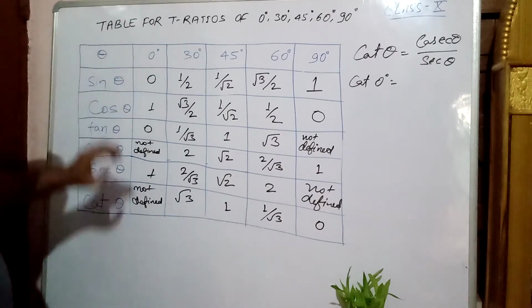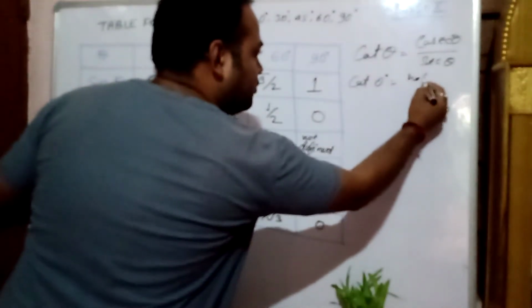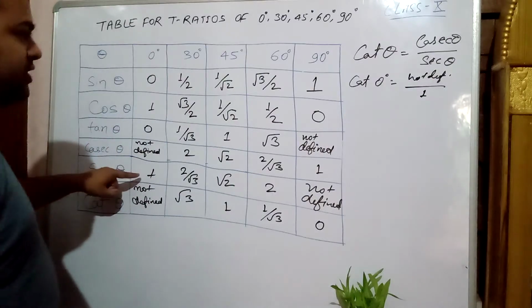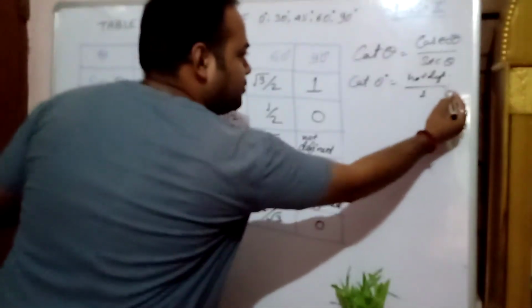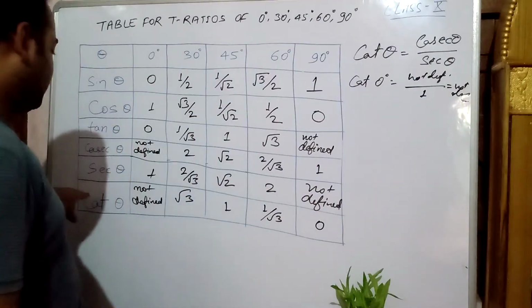Cot 0 degree is equal to not defined by 1. Not defined by 1 means not defined.